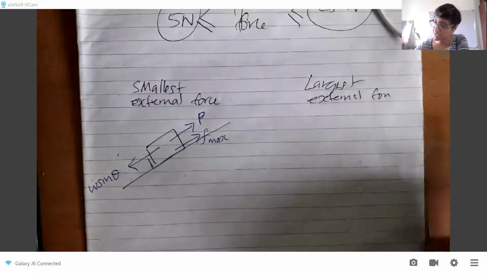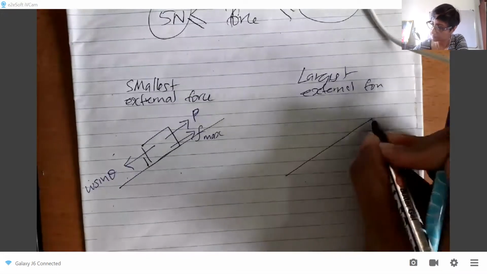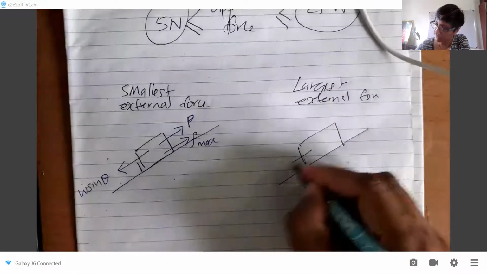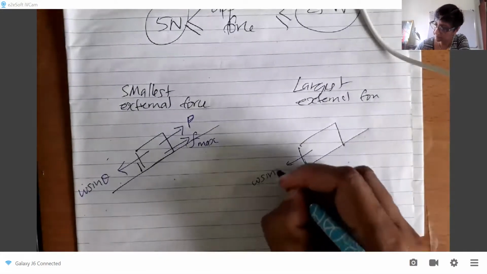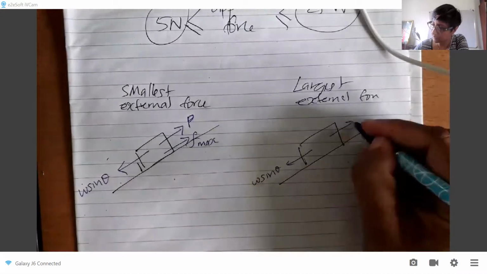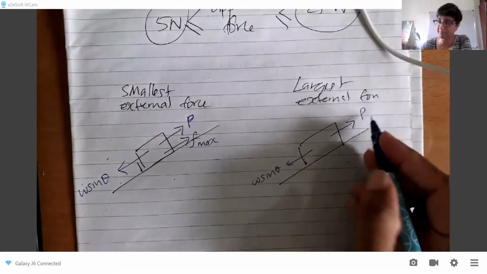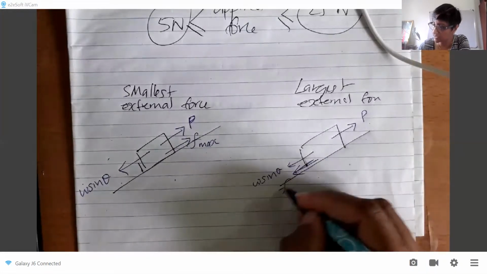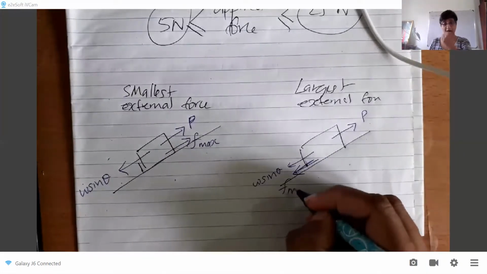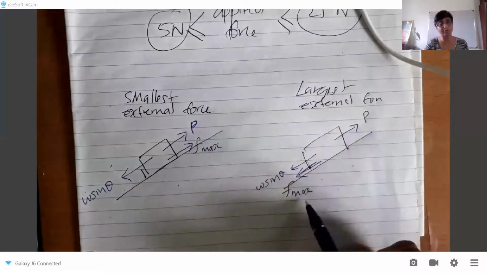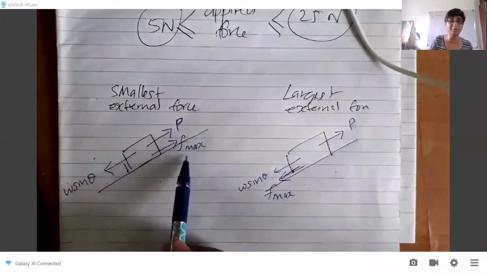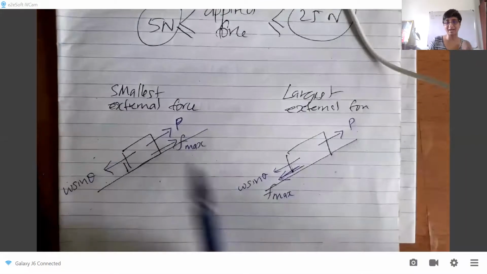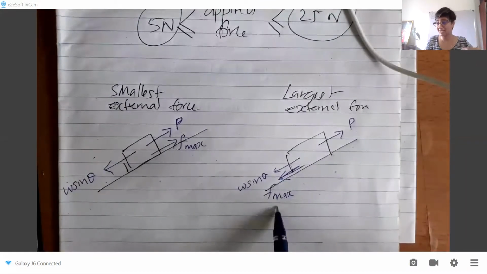The largest force is when you have W sine theta, you have P. Remember, this P is not the same. One value here, different value here. And F max is now acting downwards. So now you have to have a large force to counteract F max as well. Here, F max was helping you. Now you have to balance F max as well.